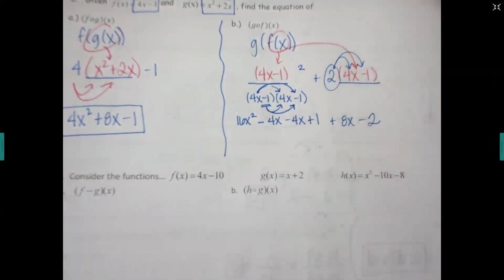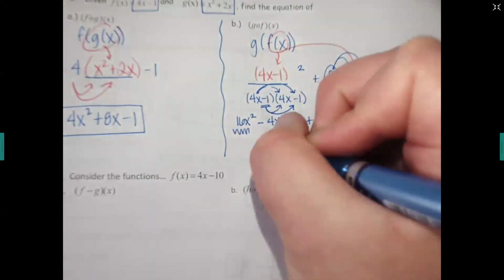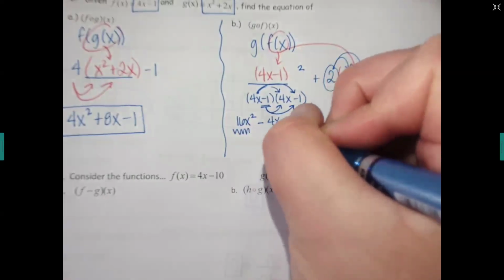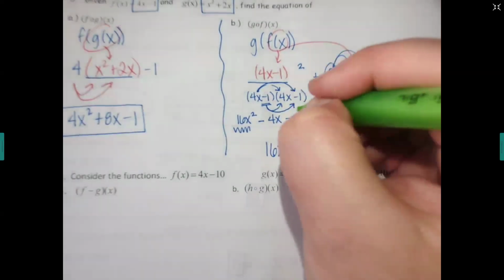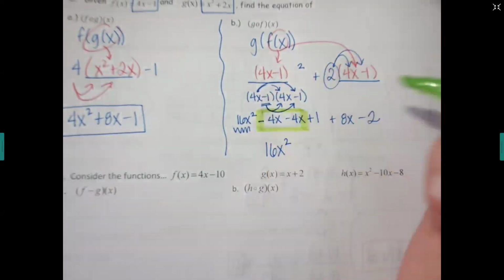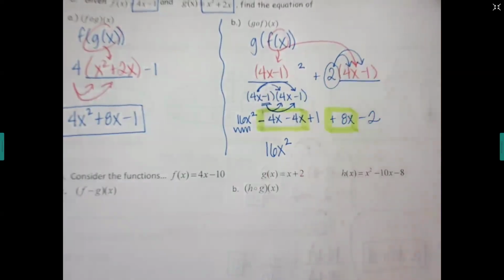Then I combine like terms. My x squared is the only one of that type, so I can't combine it with anything. I'm just going to leave this one the same. But when I'm looking at my x's, I see there's 3 of them I can combine. I have a negative 4x and a negative 4x. How many is that together? Negative 8, but then I also have a plus 8. Cross out. Very good.